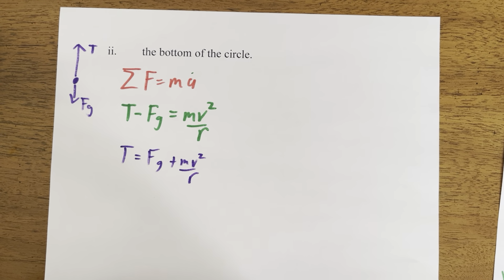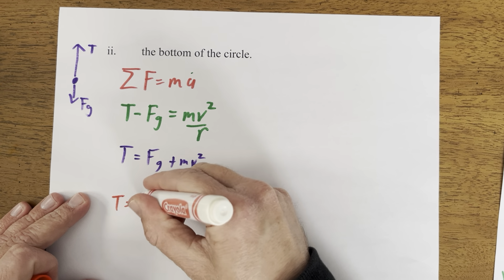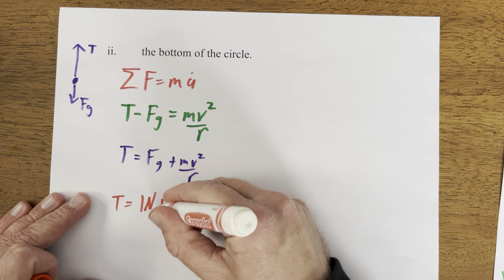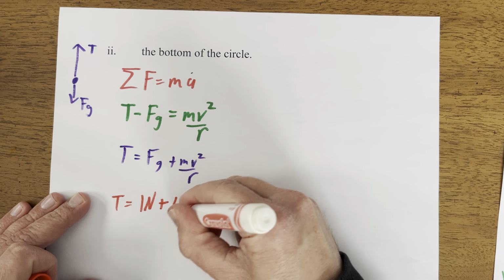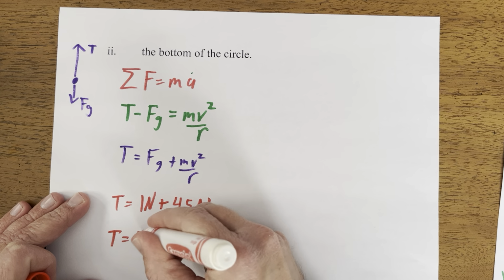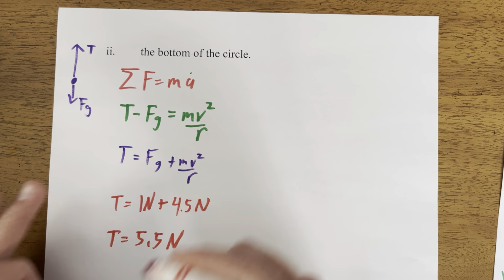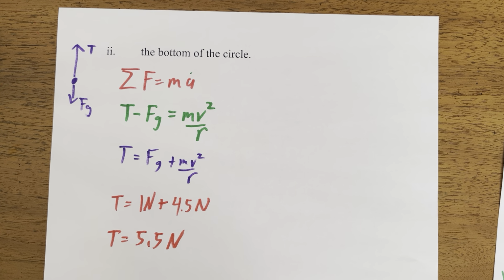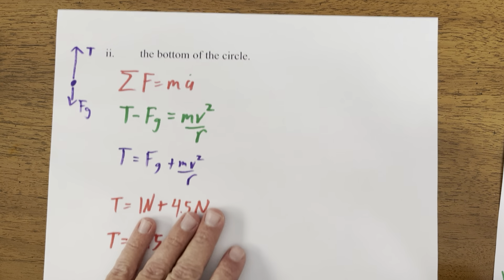We already solved for these two terms: the force of gravity was 1 newton and mv squared over r was 4.5 newtons. So the tension at the bottom of the circle is 5.5 newtons.